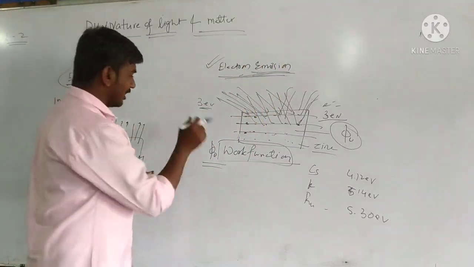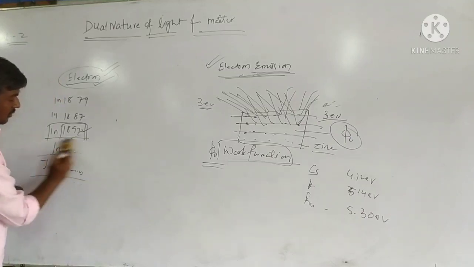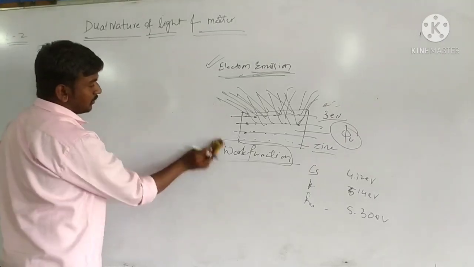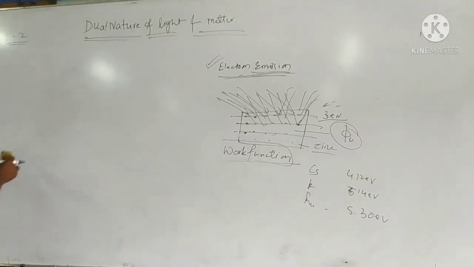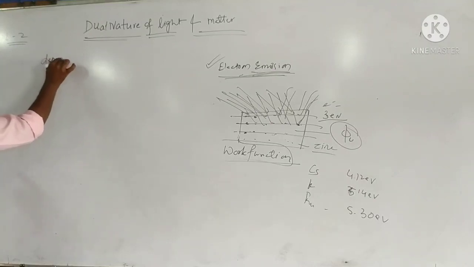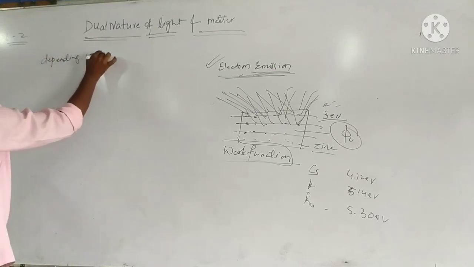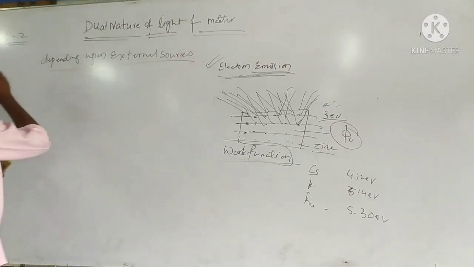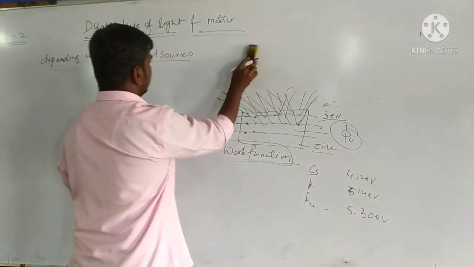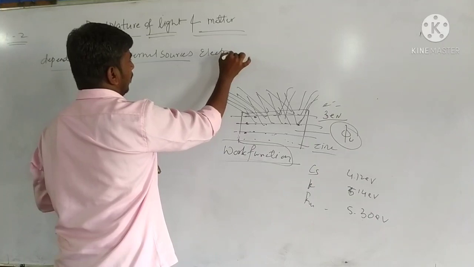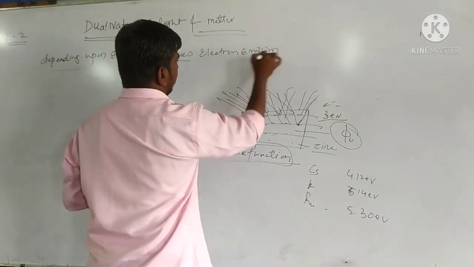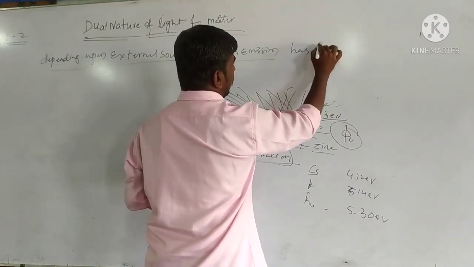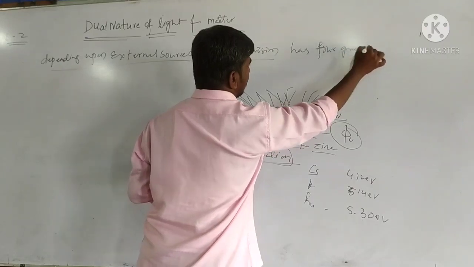Okay, so depending on external source, the type of electron emission can be divided into further groups. Electron emission has 4 types of groups.